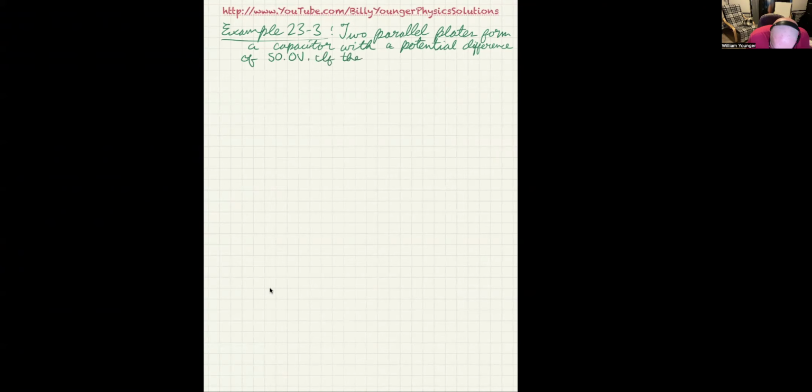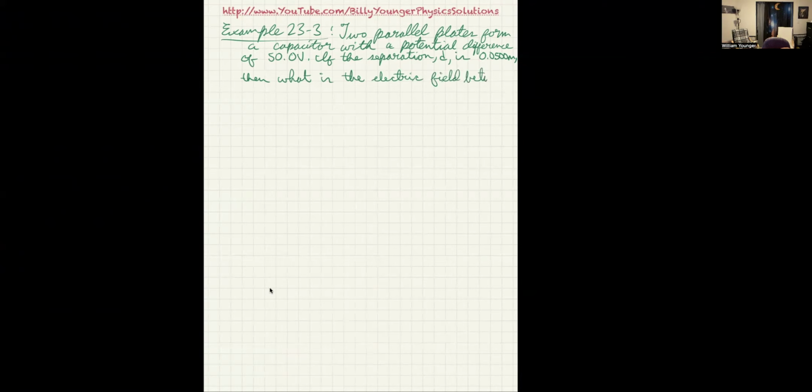If the separation D is 0.0500 meters, then what is the electric field between the plates?